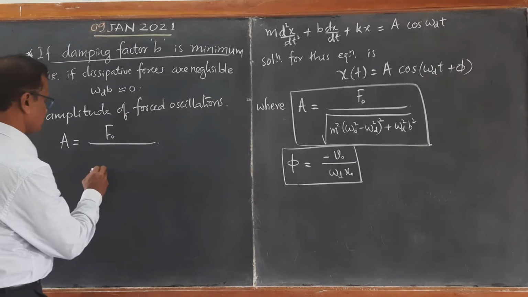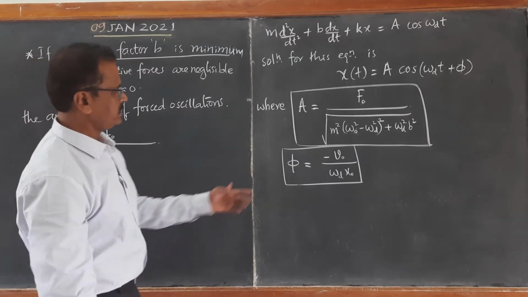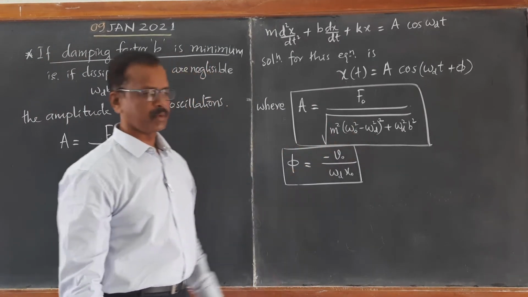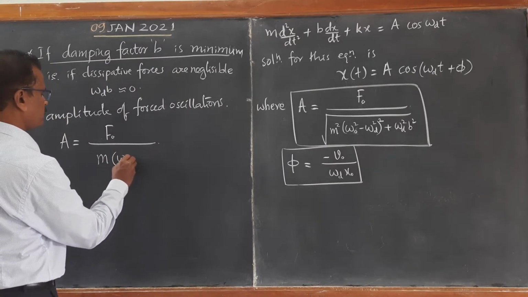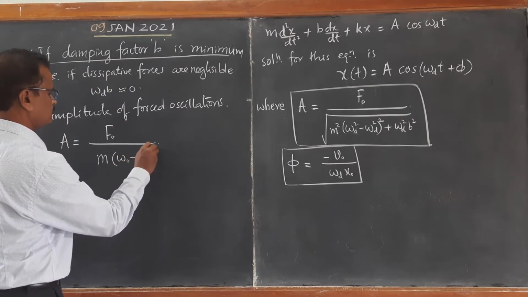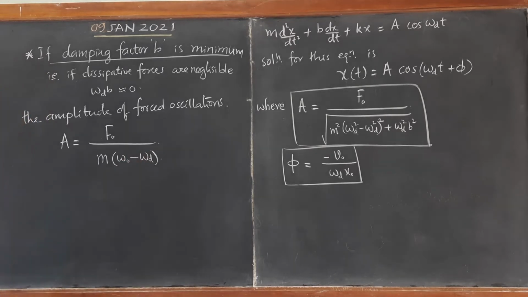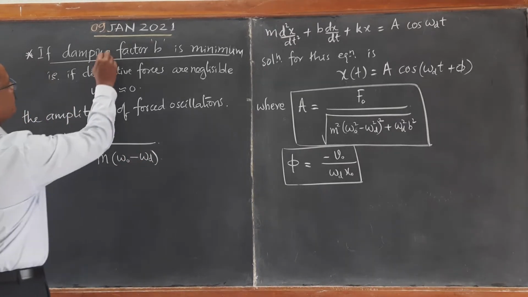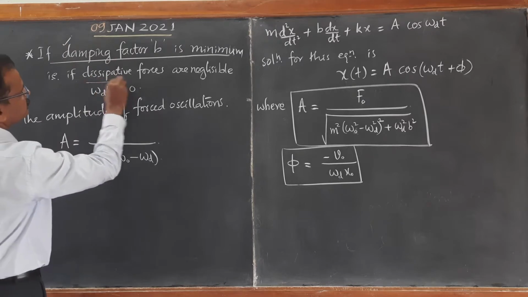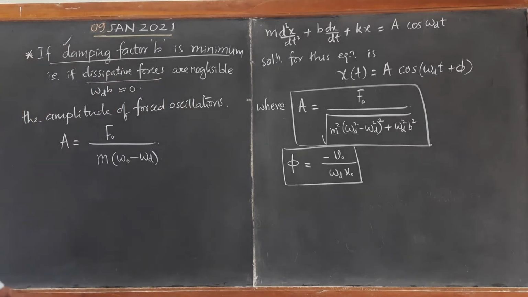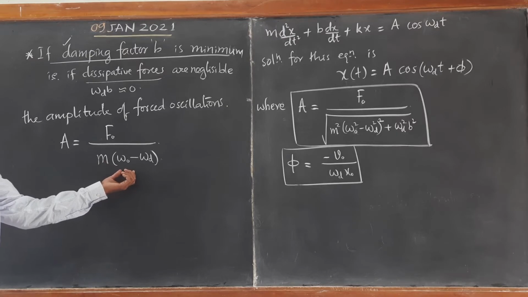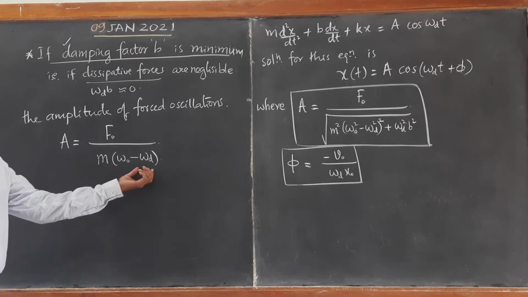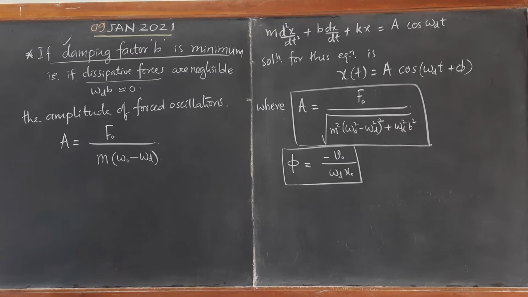The square root of m square becomes m. In the same way, the square root of this bracket square becomes only that bracket, omega naught minus omega d. It means now when damping is minimum, if dissipative forces are negligible, then the amplitude depends on the values of natural frequency and driving frequency of the forces.